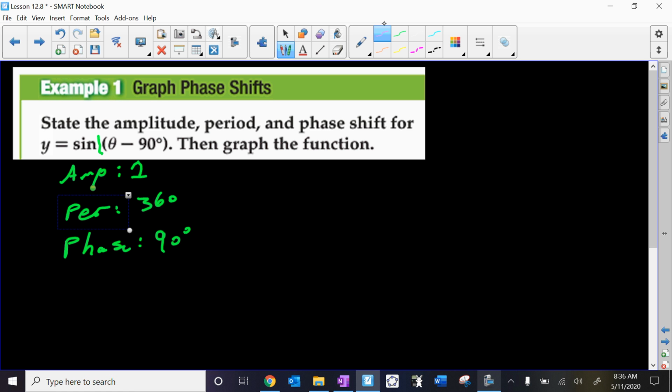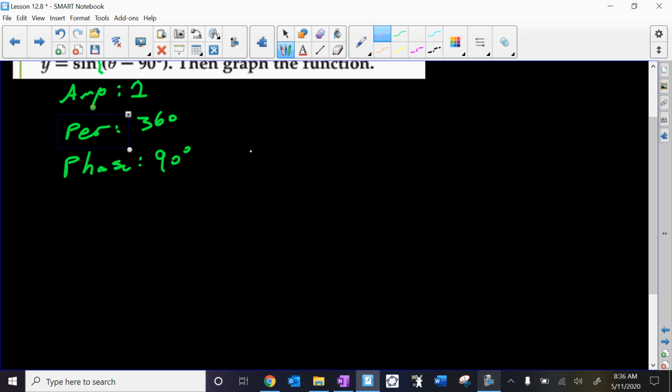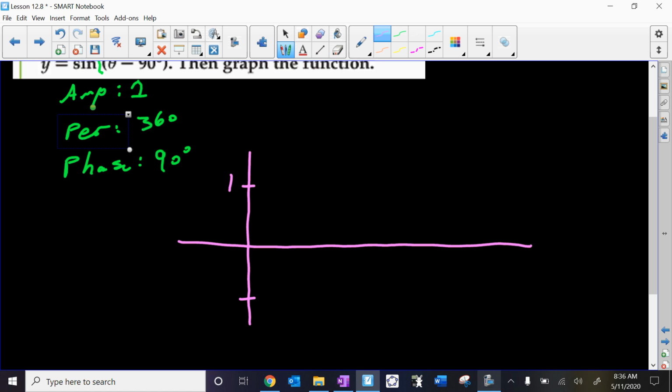Now that we know our amplitude, period, and phase shift, we can graph our trig function. I'm going to start with the amplitude. The amplitude we know goes up to a height of 1 and a low of negative 1.